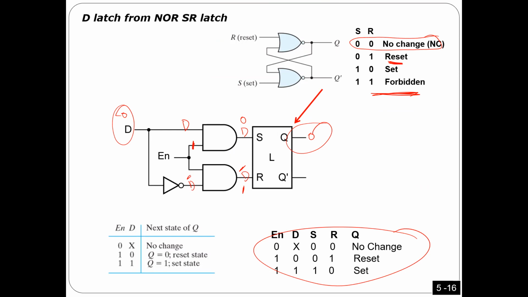And I'm going to make it very trivial. Number one, if the enable is 0, no change. If the enable is 1, very easy, Q is equal to D. If D is 0, you store 0. If D is 1, you store 1. Very easy. Okay, guys? Any questions?